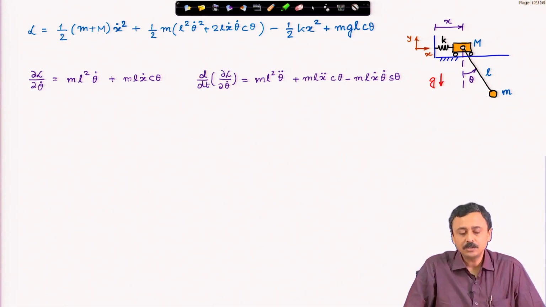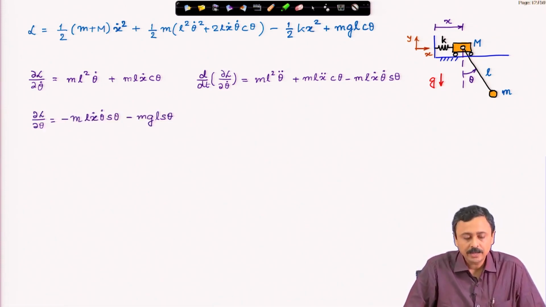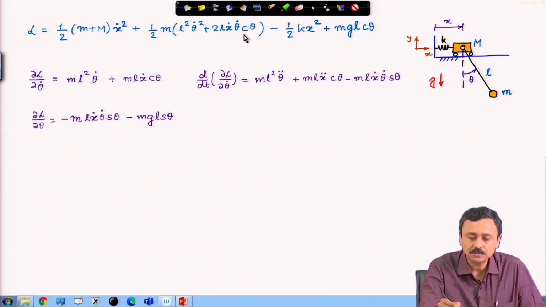That is d/dt, the total time derivative of del L del q dot, and for del L del q we have theta contributions from two terms, one is this, the other is this.